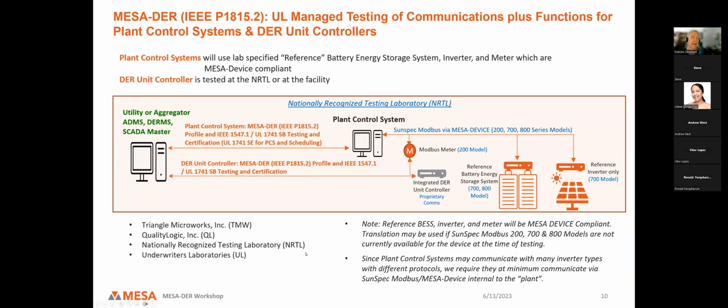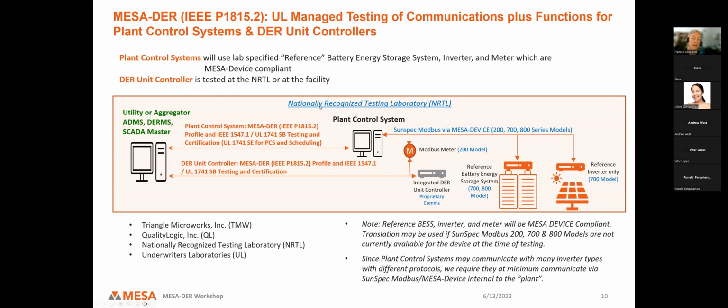So this is, again, another look at this. One of the things we're doing at the same time as turning IEEE MESA-DER into IEEE 1815.2 is to also provide a testing and certification process. We have made an agreement with UL that they would manage the testing and certification.